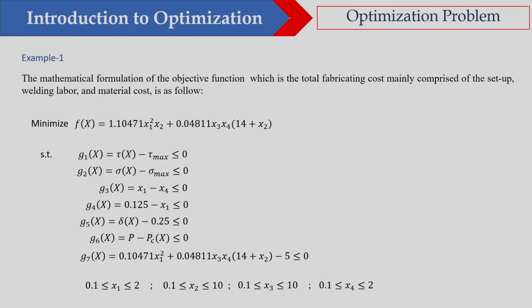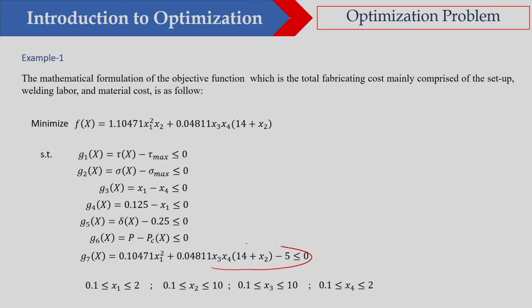There is another version of this problem. There is another constraint, that is C7. So, you can see this is another constraint of this particular problem, and I have also solved this problem using constraint 7.